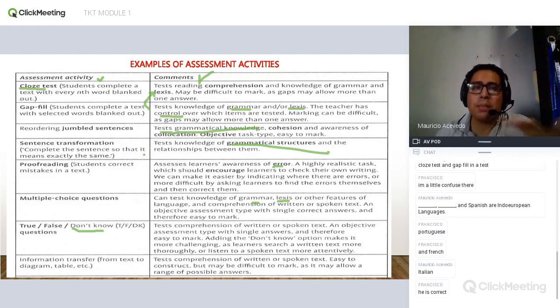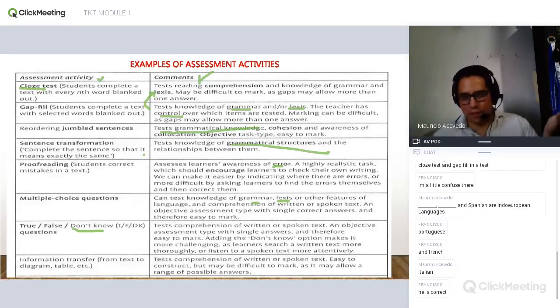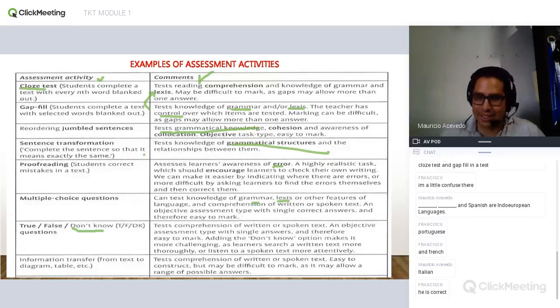Okay, so that's the main point of closed test, and that's why it's difficult to mark, because you have the space and you have the sentence, basically the context, but these gaps can be filled with many answers. Obviously, you cannot say Germany, for example. That is totally incorrect. But if you have more than those options, that's a closed test.